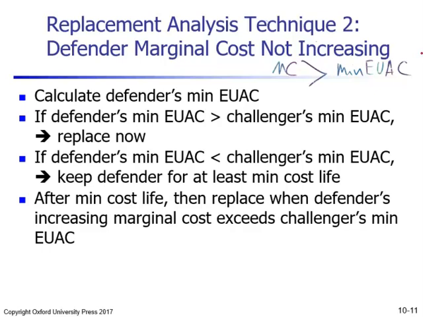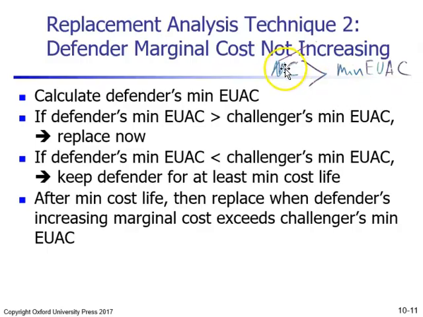So there is no hope in saying, okay, let's keep it for this year and maybe next year it's going to be cheaper. No, it's never the case. So that's the reason, just by focusing on marginal cost, you can do a solid comparison analysis. That's the logic behind that, because it is increasing and you know next year's marginal cost would be greater than this year's. So if this year is greater than the minimum EUAC of the challenger, just go and replace it. Don't wait for next year.